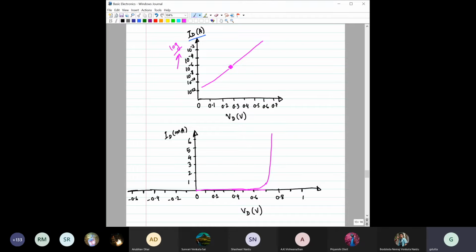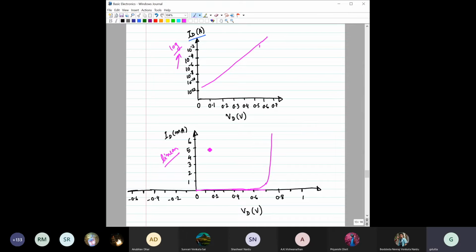But if you see in the log scale, that's why I have drawn these two sides, up and down, so that you can see it. Here it appears like below 0.6 the current is 0, but from here, below 0.6 the current still exists. So current is never 0, even though it appears to be 0 from the linear scale.